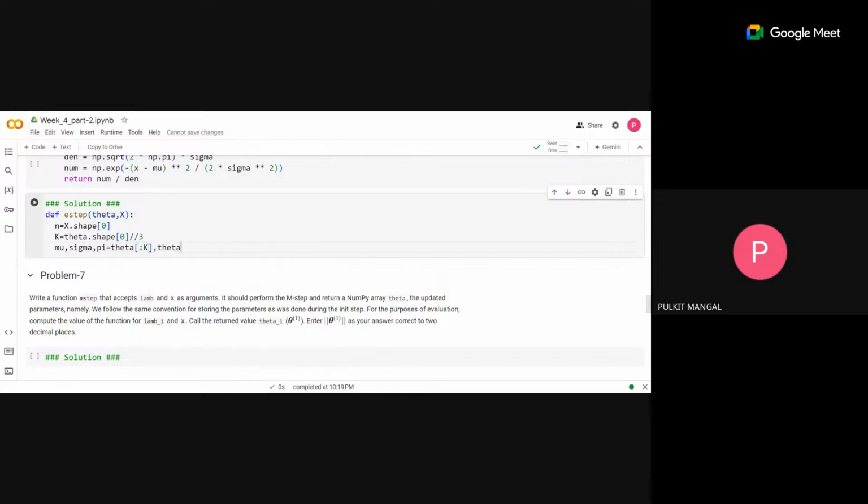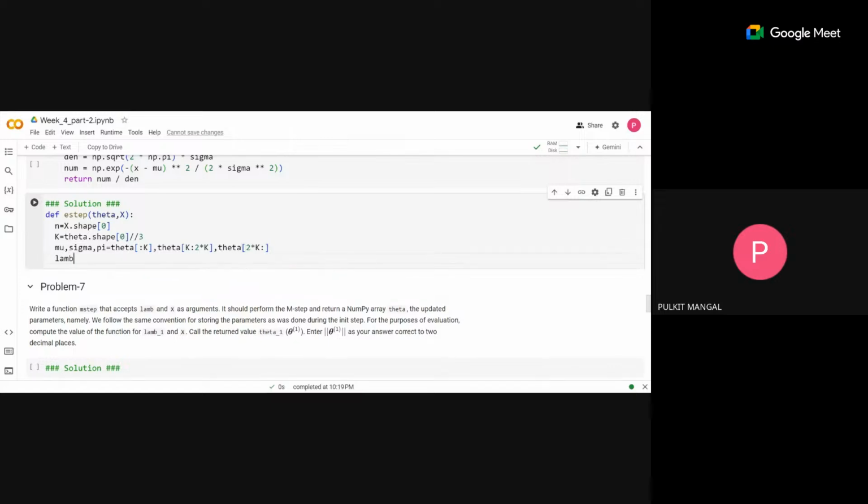Then for sigma it will start from k, and till what should I take? Yeah, correct, till 2k. And for pi, theta from 2k till the end. I hope it is clear. We are just separating these values.